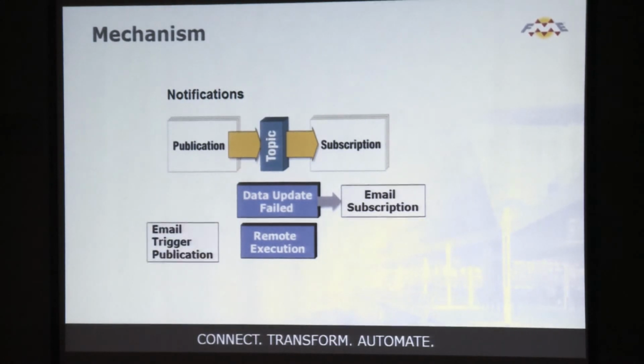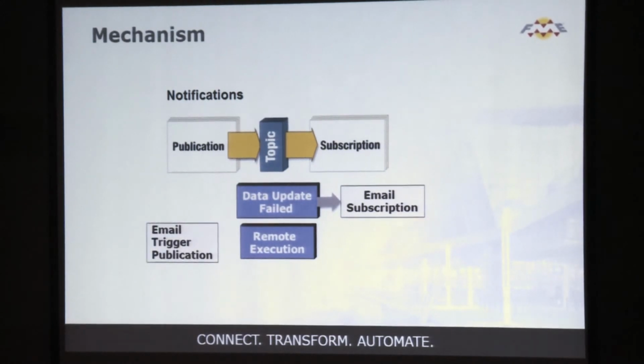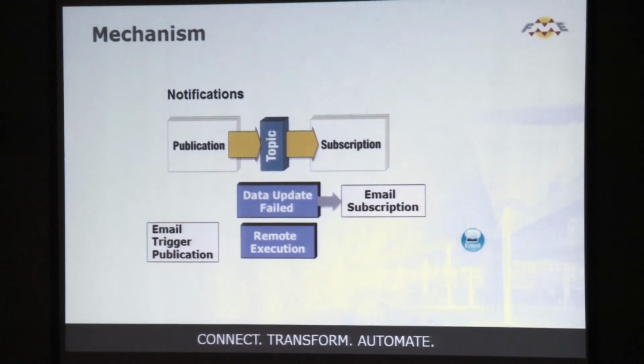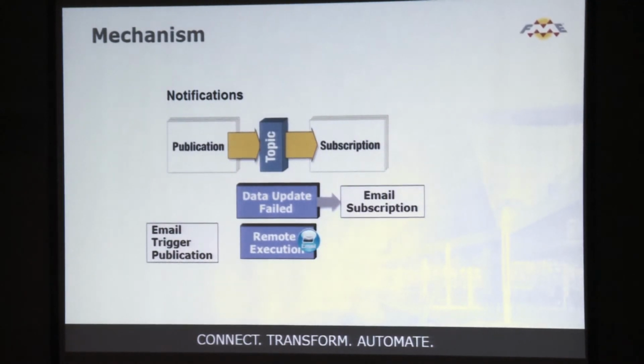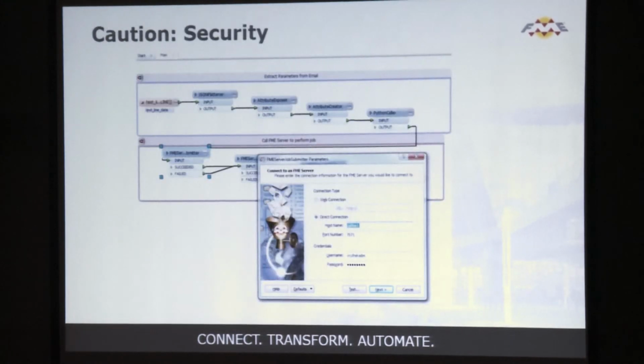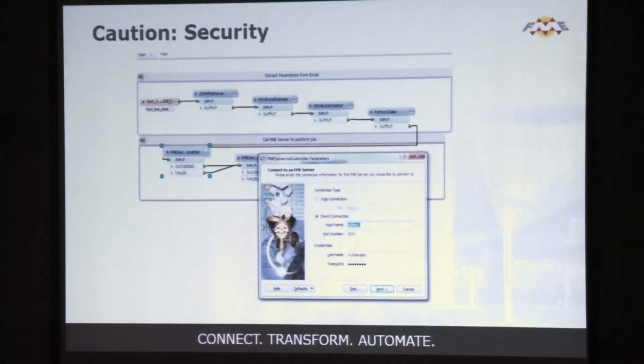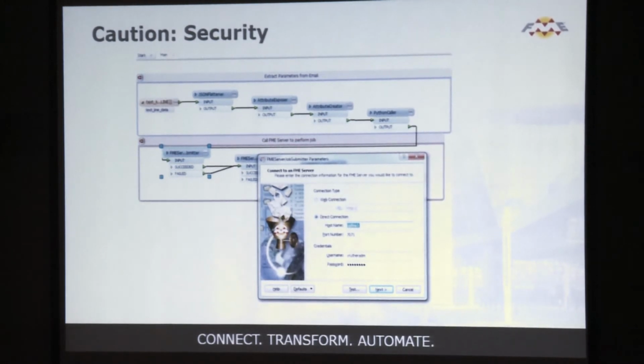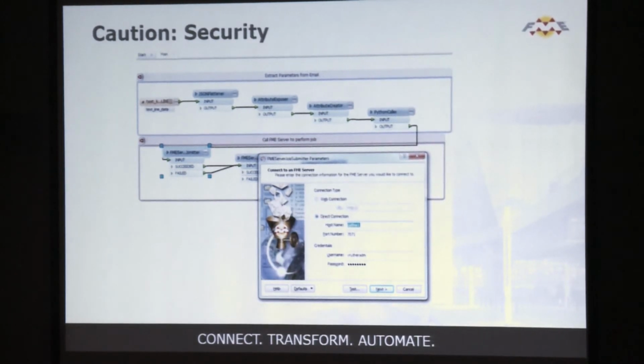And attached to the other side, the other topic is the email trigger publication. And that's when the administrator emails back to the FME server. Then there's a trigger that creates some kind of a process kickoff. And that's most likely something like this, where it extracts the email and processes the contents and does some kind of action, depending on what's in the email.